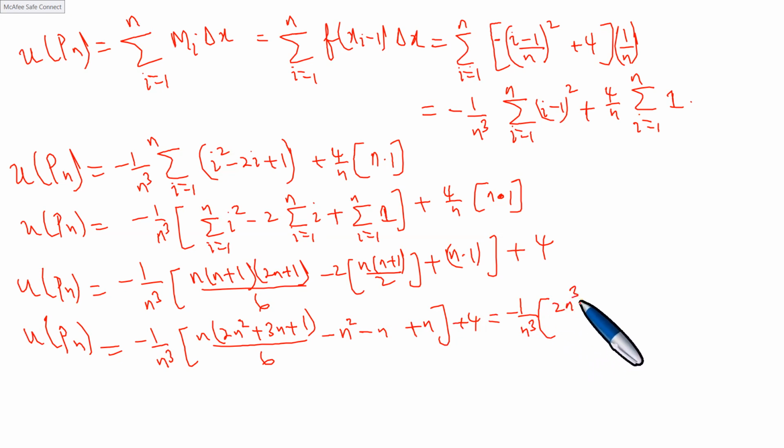2n cubed, 3n squared, plus n, minus n squared, minus 1 over n cubed.